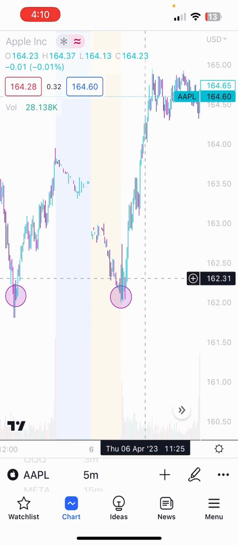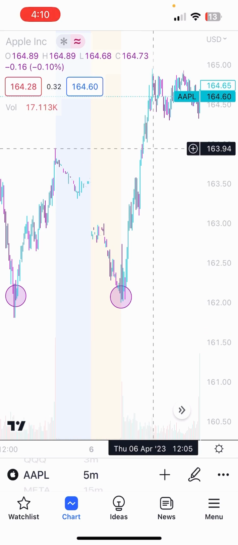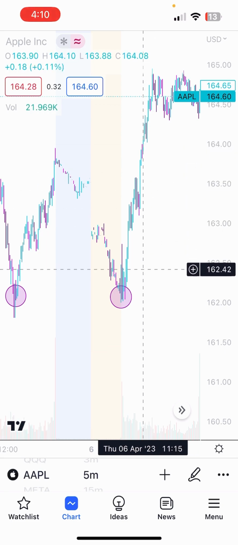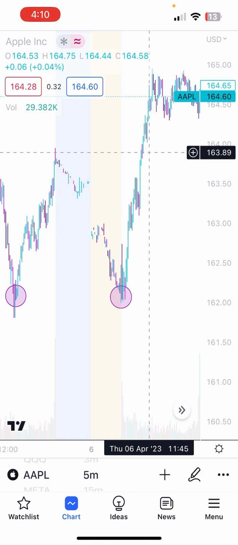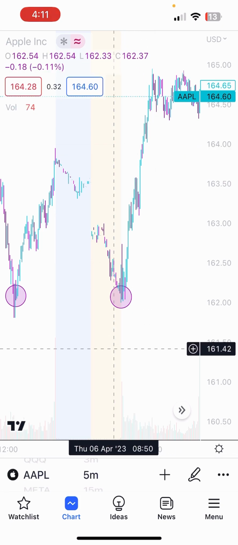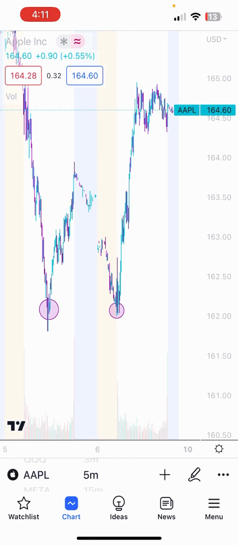Let's say we get in right here, as soon as we identify the double bottom, at 162.35. The neckline is at 163.92. So we're talking about a dollar-something move. In options, that could be a 100% move, in just a day. This was the last trading day for Apple.